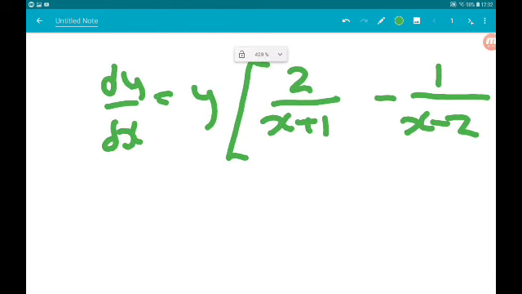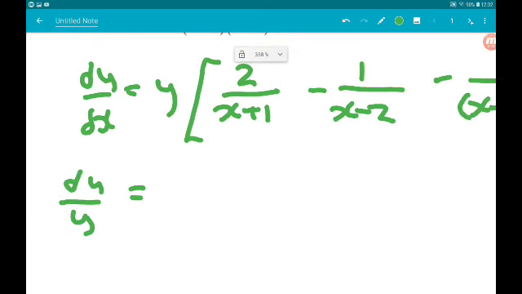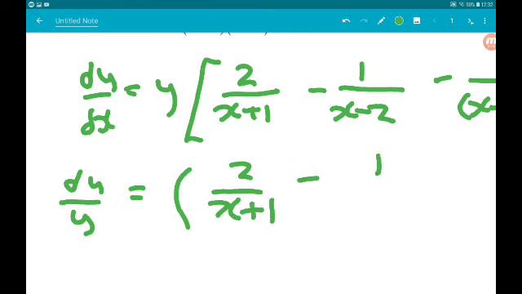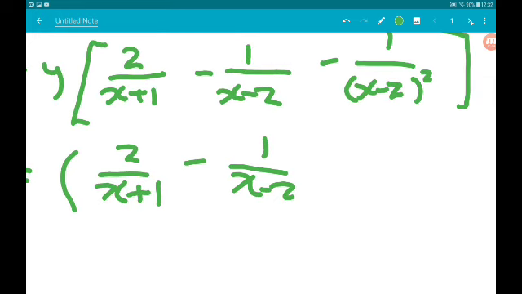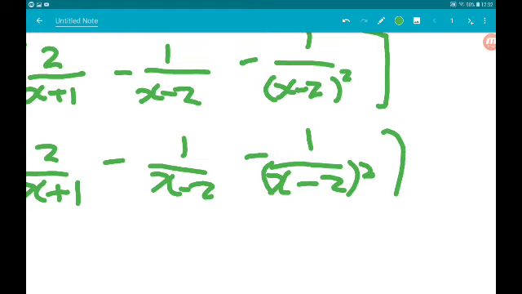So we get dy over y is equal to (2 over x plus 1, minus 1 over x minus 2, minus 1 over (x minus 2) squared) times dx.